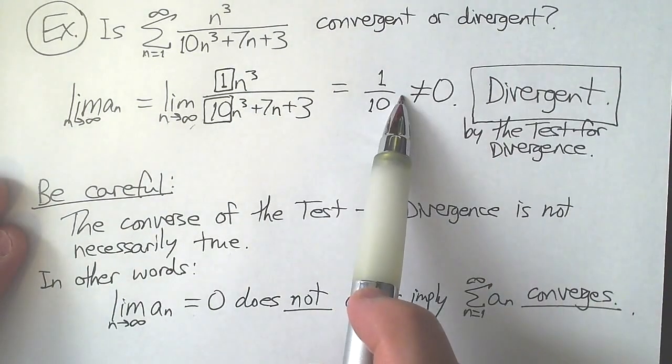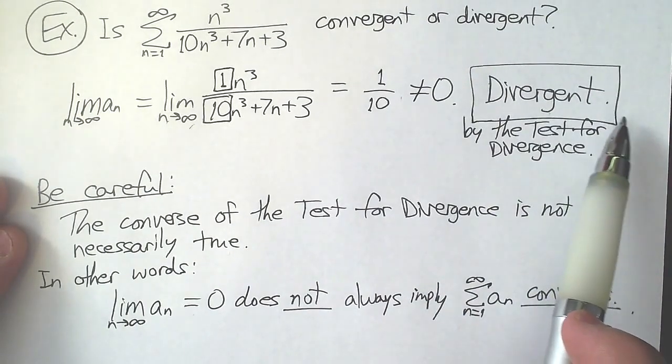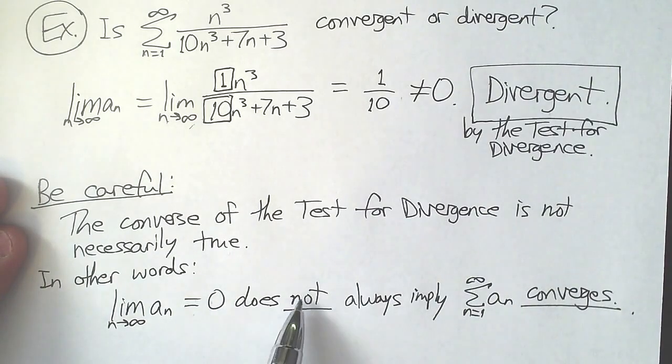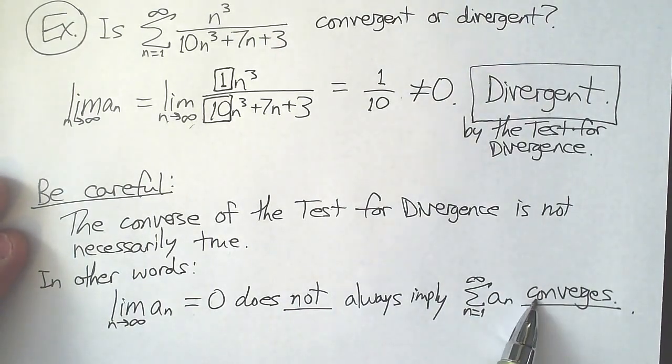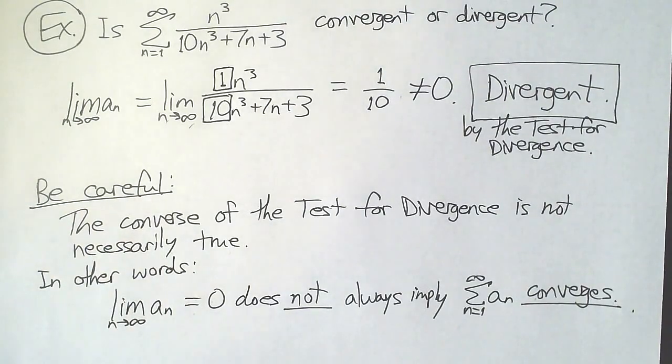If it's not 0, you say diverges, final answer, that's perfectly fine. But if it does equal 0, you cannot conclude anything. You can't conclude that it converges, you can't conclude that it diverges, and that means more work is needed. We need some other tests. Maybe we look at the partial sums. You need some other kind of strategy to finish that problem.